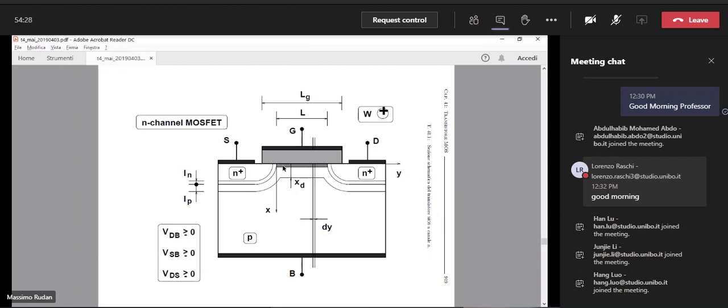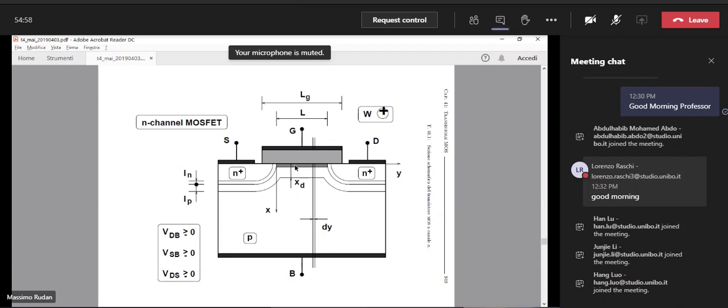This region is called the channel of the MOS transistor, and this current will go out through the source contact. So the channel creates a bridge between source and drain, closes the electric loop and allows for the current of the channel.